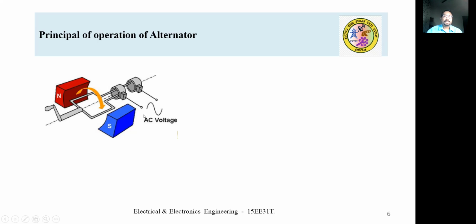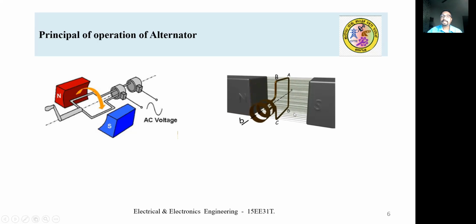So this is the arrangement of a simple loop generator. A single rectangular coil is made to rotate in a uniform magnetic field as shown in the figure. One side of the coil is connected to a slip ring, the other side is connected to the other slip ring, and on these two slip rings, two carbon brushes have been placed.